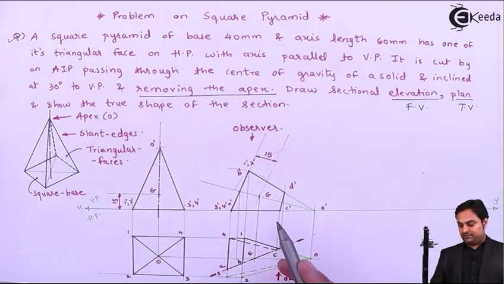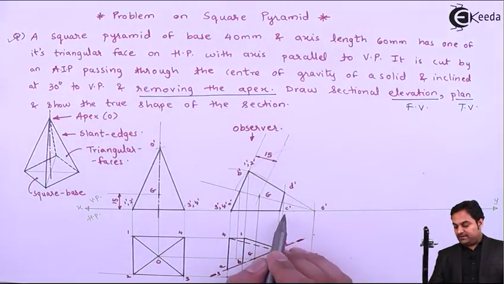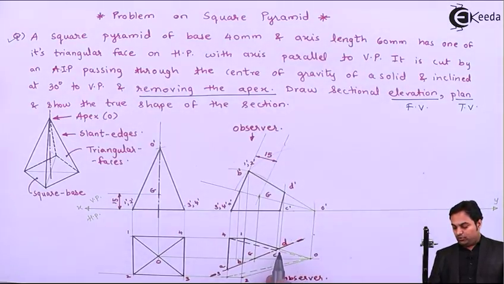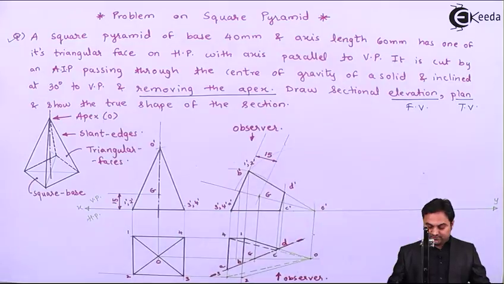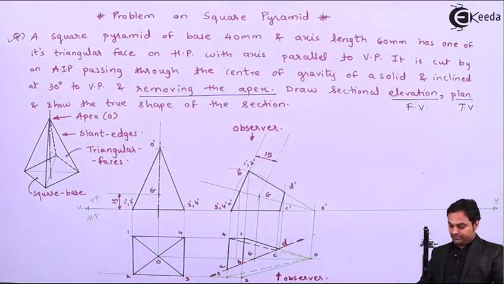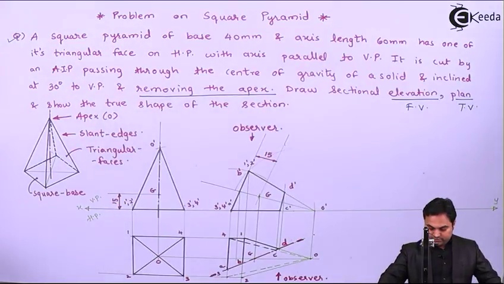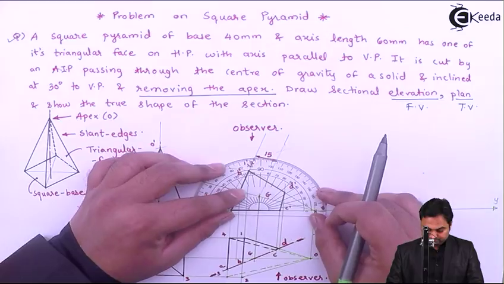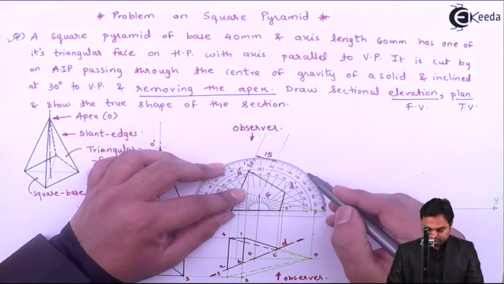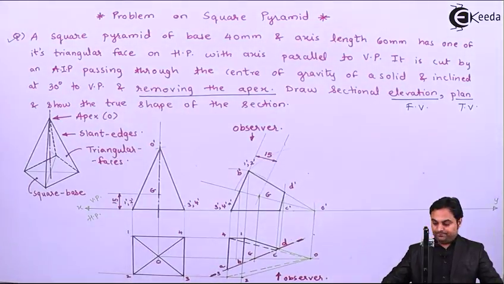So this is the visible portion, and this apex has been removed, that is ODC. This portion has already been removed, so that will be light and only this much portion will be dark. Then I'll draw the section lines through it, marking 45 degrees.